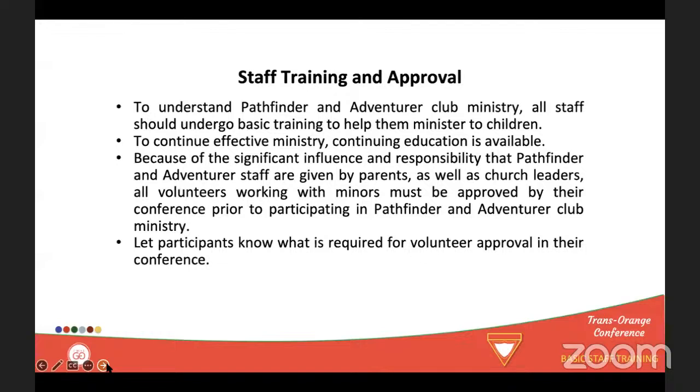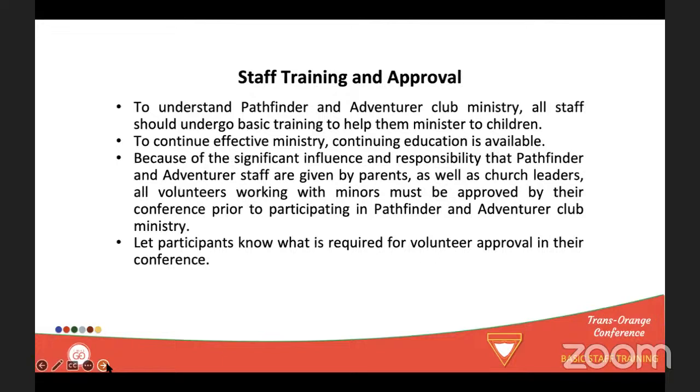And then on bullet number 3 there, it says, because of the significant influence and responsibility that Pathfinder and Adventurer staff are given by parents as well as church leaders, all volunteers working with minors must be approved by their conference. How does the conference approve the staff? That is why we have the procedures that we need to go through. One of them is the trainings. Number 2, there is some screening that needs to be done at local church level, a screening of the teachers, of the participants.